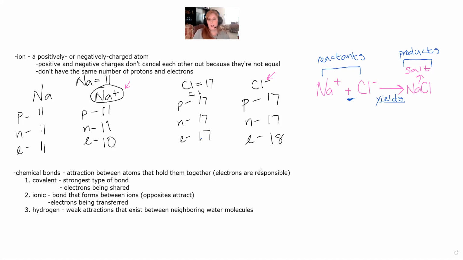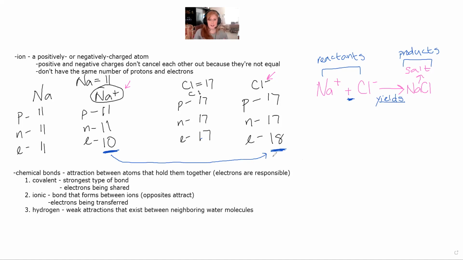All right. So what happens here in this ionic bond is that, I'm not going to draw it all out for you because you don't need to know. If you're interested, I'll tell you. But what happens is, remember how sodium is missing an electron and how chlorine gains an electron? Well, guess what? The electron from here gets transferred to here.